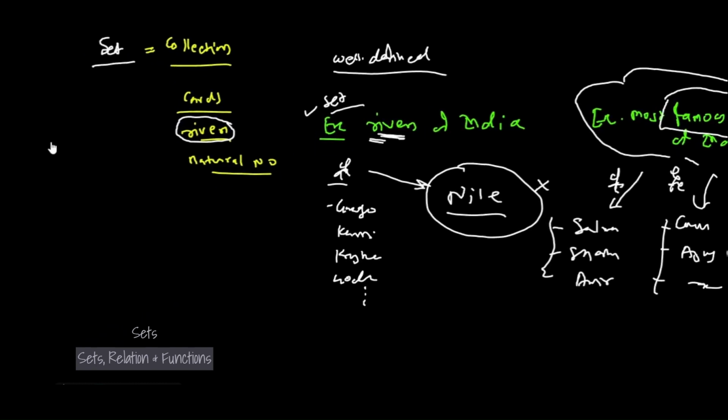Okay, so here we give the definition for the set: a set is nothing but the collection of well defined objects, is called a set. Such as a set of the natural numbers. Let's take the example again.